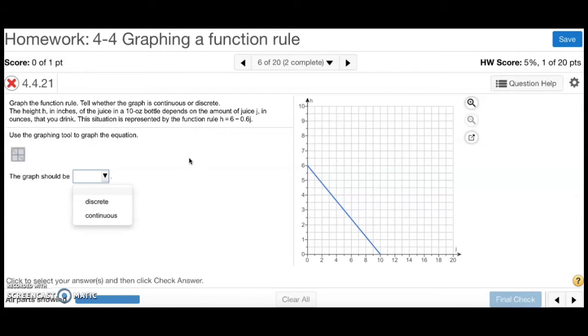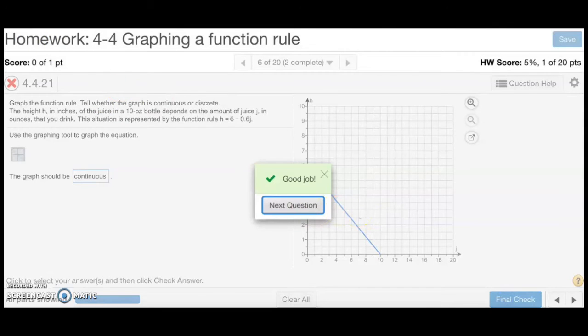So that means our graph is going to be continuous because any part of this graph can be one of our solutions. If it was something that can only involve a whole number, meaning only the points that are whole number coordinates would work, then it would be discrete. This one would be continuous. That's the answer for number 6.